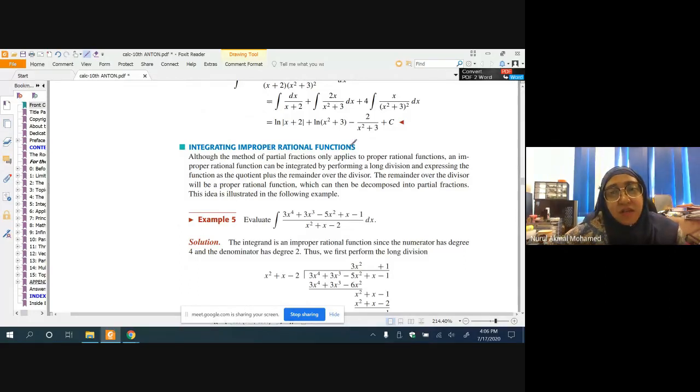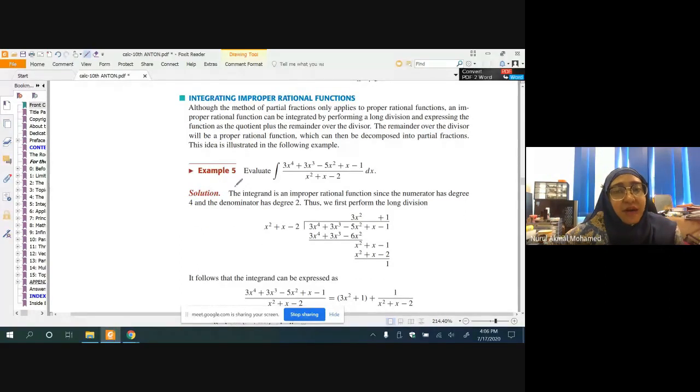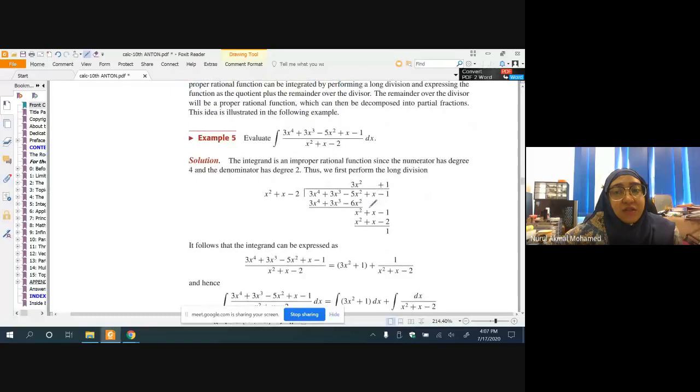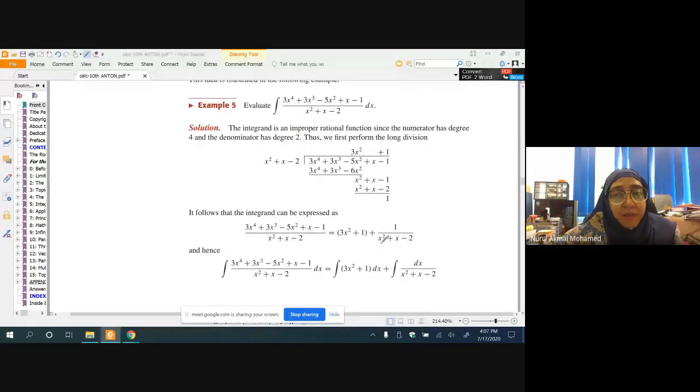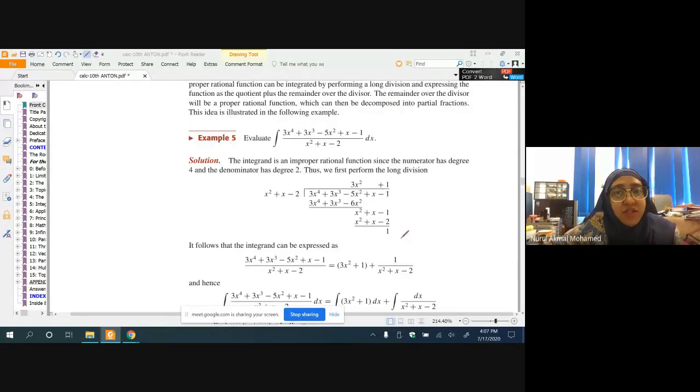Improper rational function. Like in this example 5, the numerator is of order 4, but the denominator is of order 2. So you have to do long division so that you can get a proper rational function.